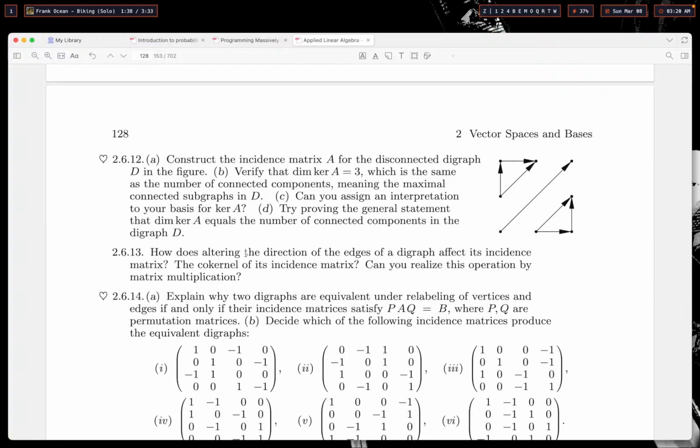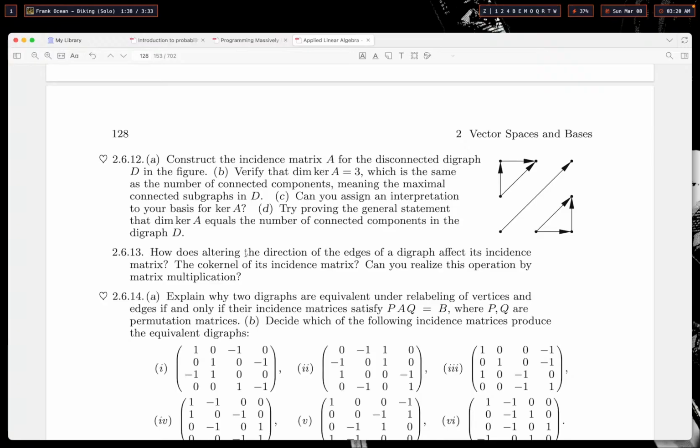For this it's helpful to talk about what exactly each entry is in a digraph, or in an incidence matrix.